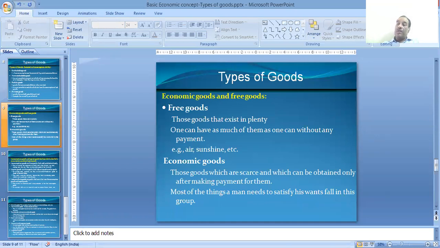So most of the goods and services which are essential to satisfy human needs and wants are economic goods. Although they possess utility and can satisfy our needs and wants, we will have to pay some amount for them. So most of the things a man needs to satisfy his wants fall in this group.